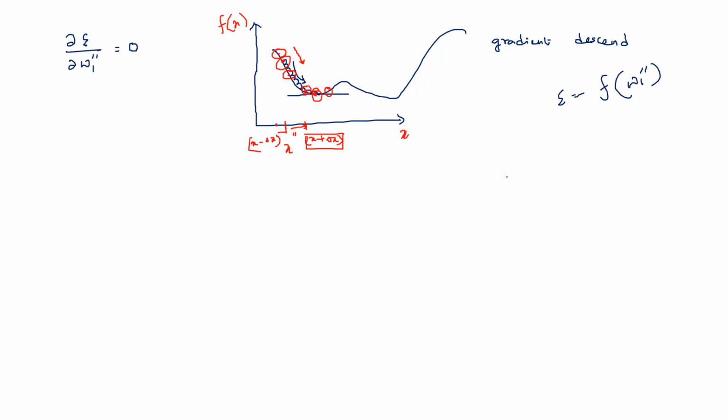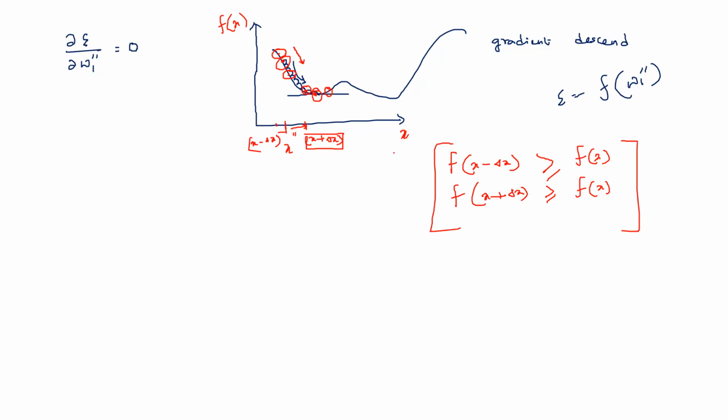So minima happens when f of x minus delta x is higher than f of x, and also f of x plus delta x is higher than f of x. When f of x minus delta x is greater than fx, which is greater than f of x plus delta x, that means it is a downward slope.